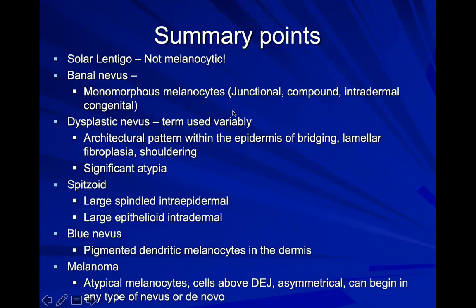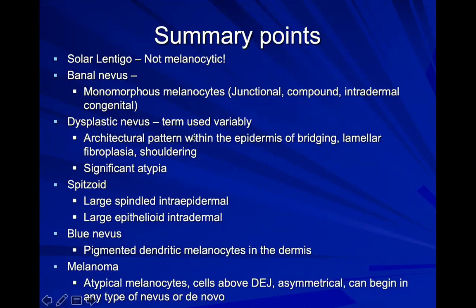Dysplastic nevus is a term that's used variably. I feel that it should only be applied to nevus with that architectural pattern of the bridging lamellar fibroplasia shouldering with significant atypia, where you have atypical melanocytes, cells above the DEJ, cells in the interpapillary plates, where you're worried it can move to melanoma.